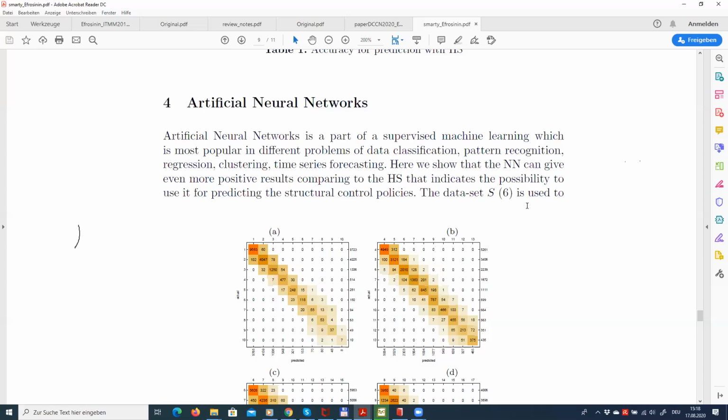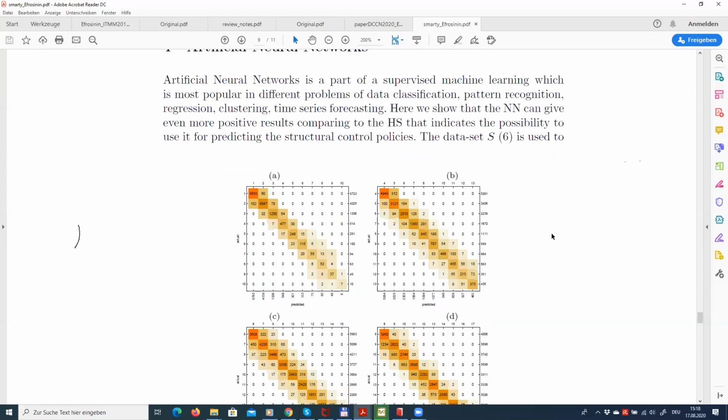For example, the parameters which correspond to heavy traffic cases. Yes, and here we use multi-layer neural networks.